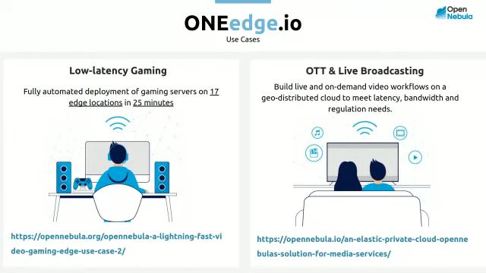The same applies to OTT services and live broadcasting. The capacity of pre-processing part of these services in some intermediate locations between the source and the consumer helps a lot and reduces the workload along the whole system.